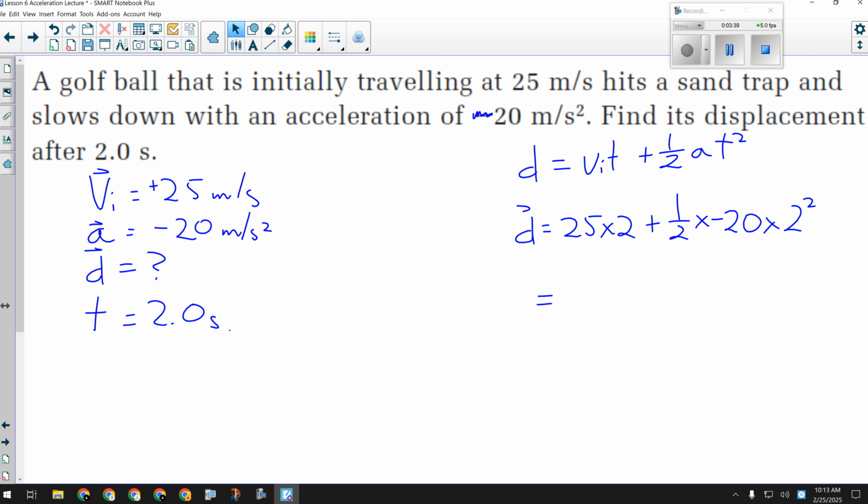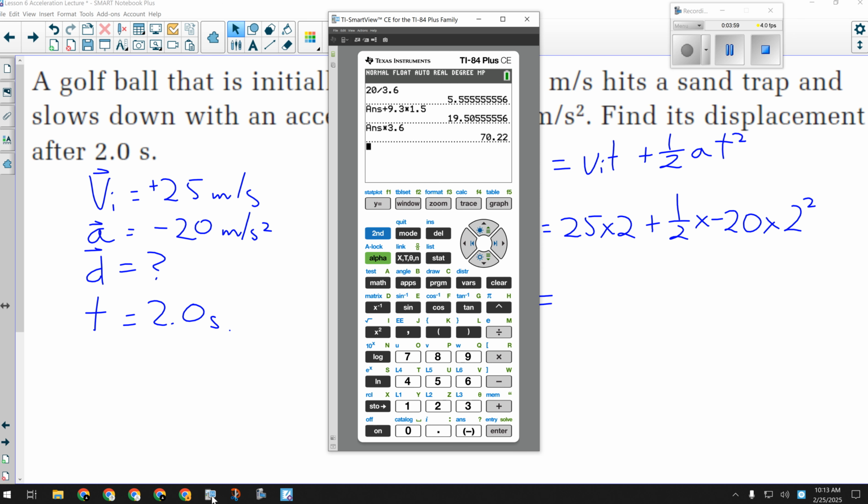So I forgot to start my calculator here, guys. So 50 plus 40, 90? Is that right? I shouldn't do math in my head. No, it can't be. Sorry, it should be 10, right?